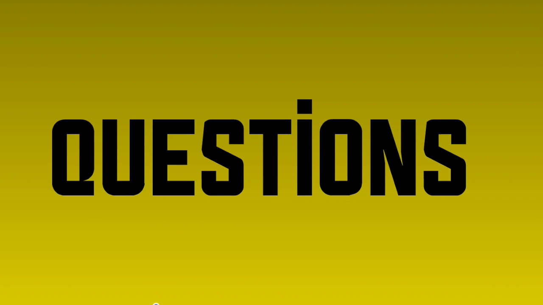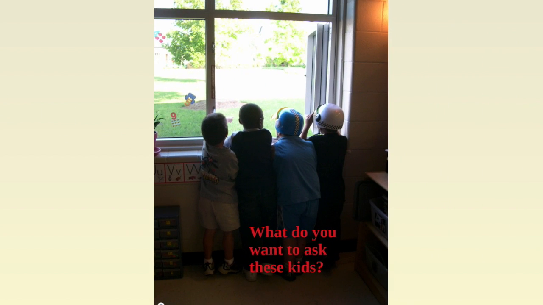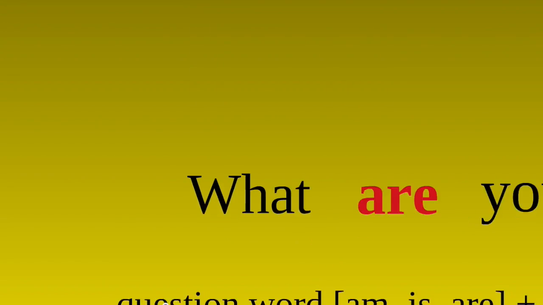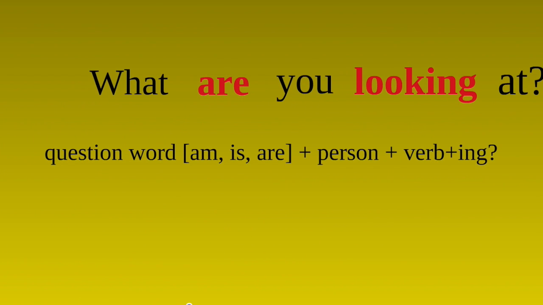Here's how we make questions. What do you want to ask these kids? What are you looking at? We use the question words, so that's what, when, where, why, who, how. And then am, is, or are.